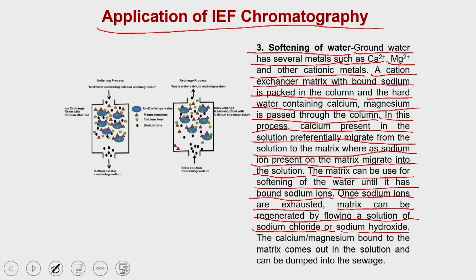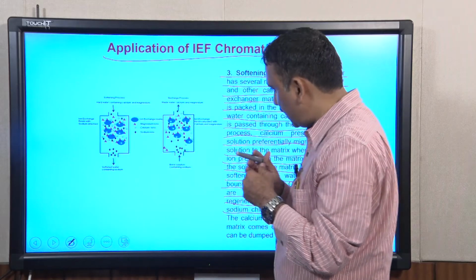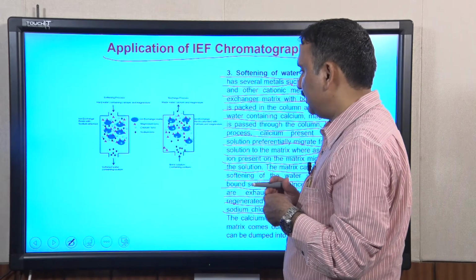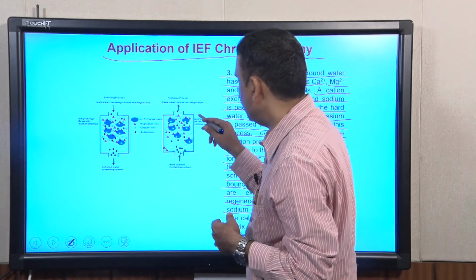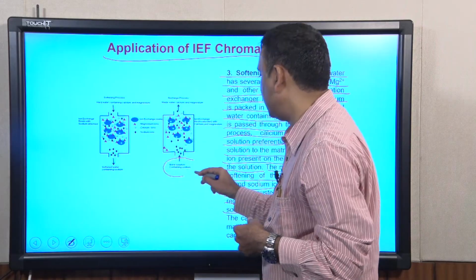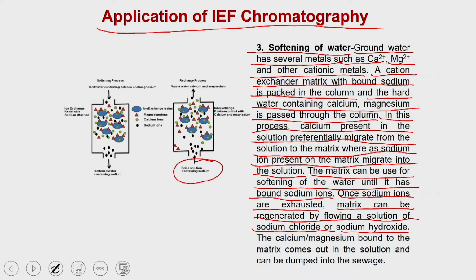So, once the beads lose all the sodium, they are not going to bind any more of these metals. In that case, what you do is you flow a solution of sodium, either NaCl or NaOH, and that is going to remove the bead-bound calcium as well as the magnesium and other metals, and these heavy metals can be collected in a waste, and that waste can be disposed into a sewage.